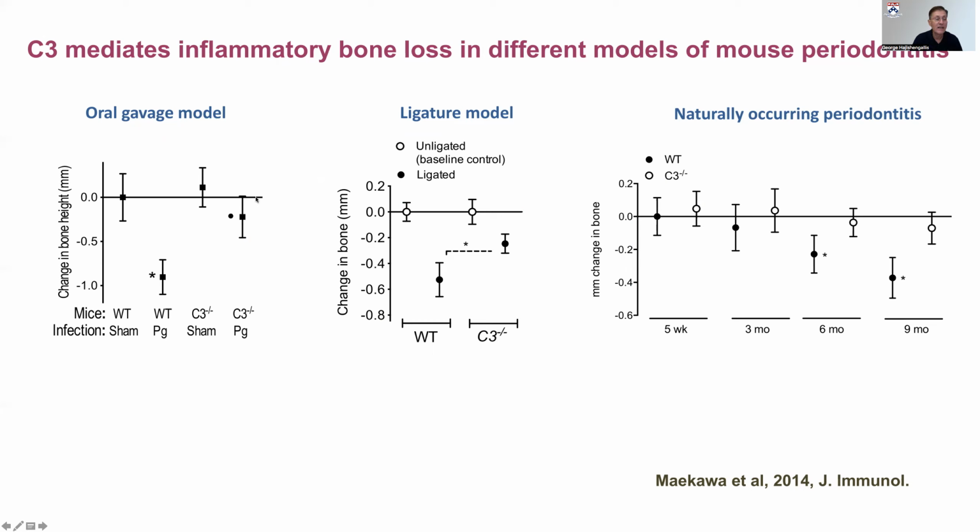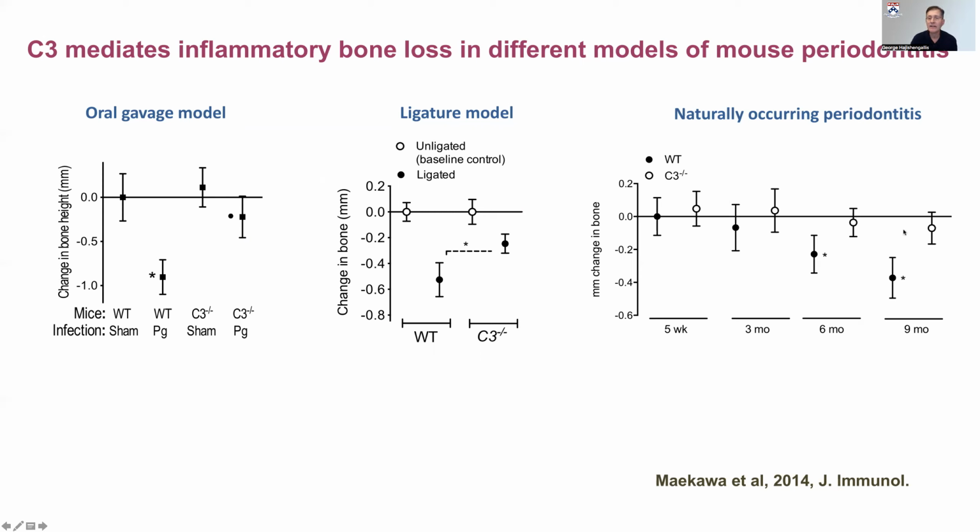And as you can see, the C3 deficient mice are developing very little, if any, bone loss compared to wild type mice. Same with the ligature-induced periodontal model, where a ligature is placed on molar teeth, and that results in rapid accumulation of dysbiotic bacteria that drive the disease.